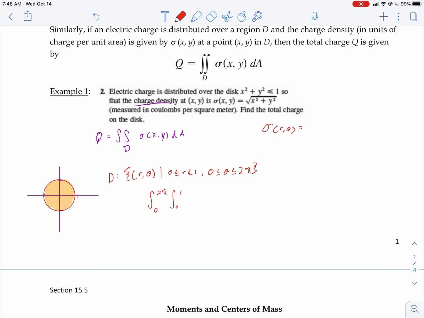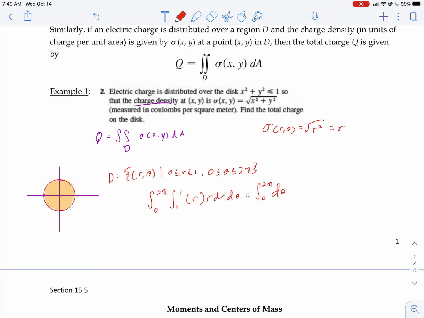If we're doing polar coordinates, then the square root of x squared plus y squared is going to be the square root of r squared, which is just r. So r, and then don't forget your r dr d theta. Don't forget to put in that extra r, which you might forget just because you already had an r.